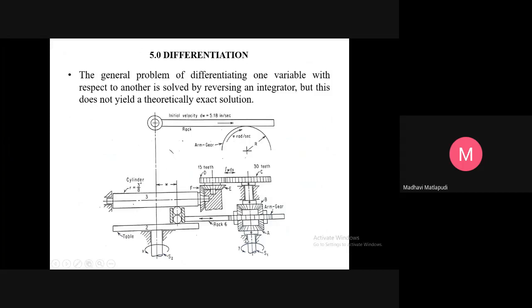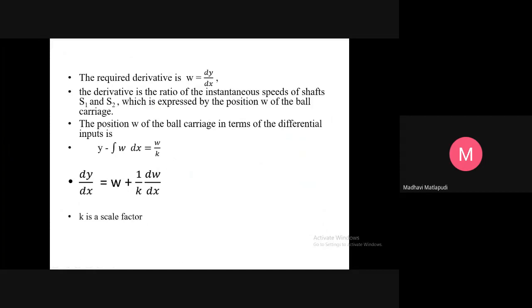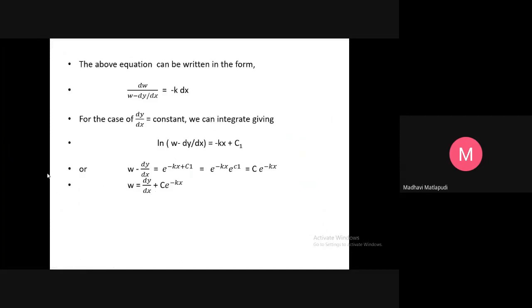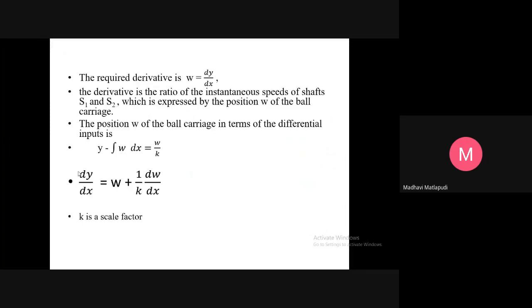Now at this time, the position W of the carriage is a measure of the ratio of the speeds S1 and S2. And that we can see in the form of mathematical expressions as W is equal to dy by dx, and this position W of the ball carriage in terms of the differential inputs is given as y minus integral W dx.